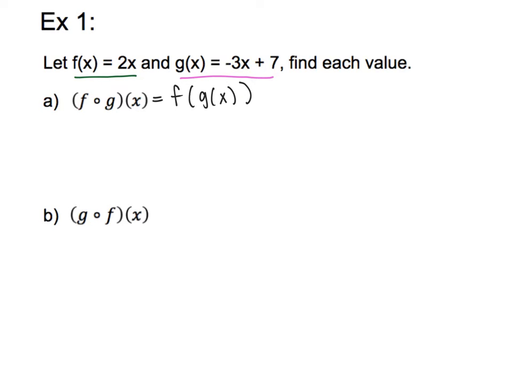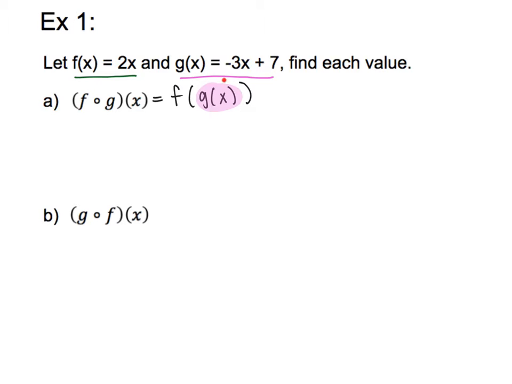What we're always going to do, just like how you make an M&M, is start with your inside. Let me fix that. There we go. So you always want to start with the very inside of your function, in this case g of x. So ask yourself, what does g of x represent? Looking at these two functions, g represents negative 3x plus 7.